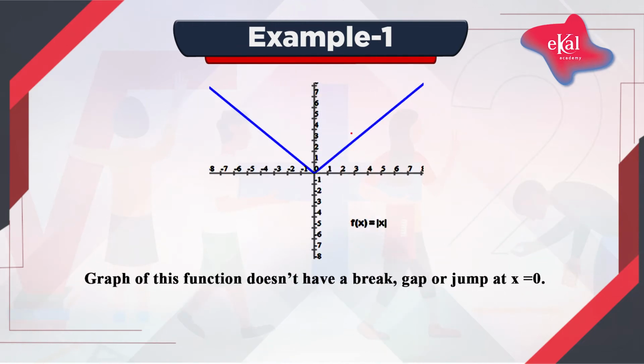Look at the graph of f of x equal to mod x. So look here, you can easily understand that this is the graph of y equal to mod x and this is the point 0. Now when x is tending to 0, we could see that we are looking for the value of function at the neighborhood of the point 0.